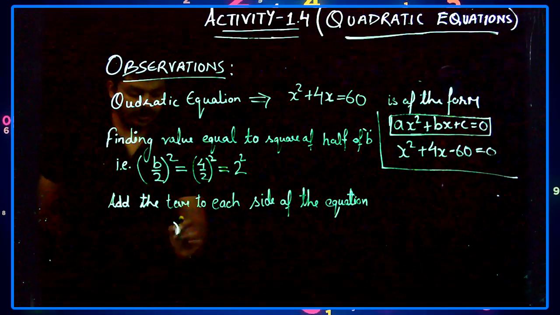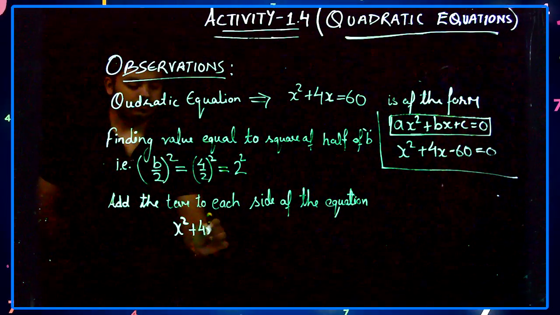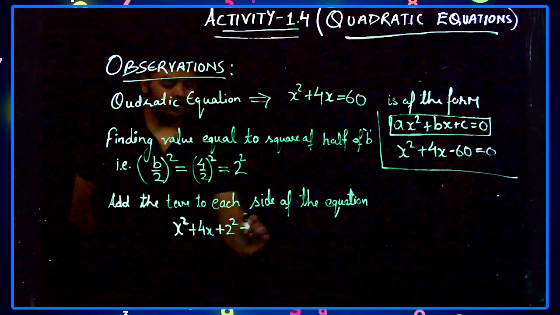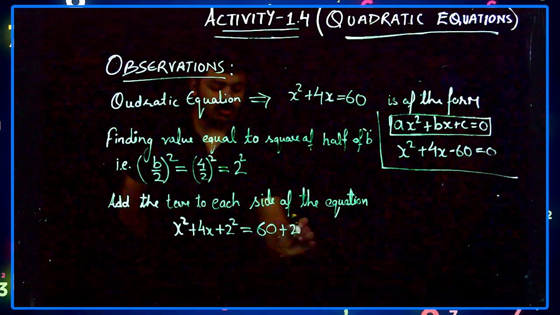That is x square plus 4x plus 2 square equals to 60 plus 2 square.